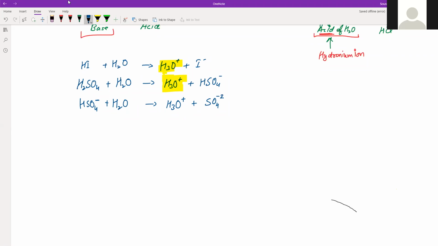Now the extent to which an acid transfers a proton to a base, for example water, is the measure of its strength. Acid strength is therefore a measure of the percentage of ionization.